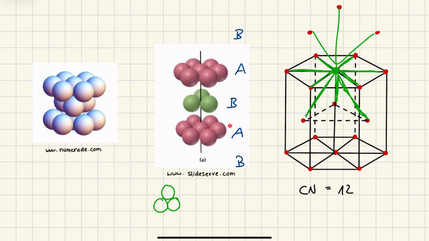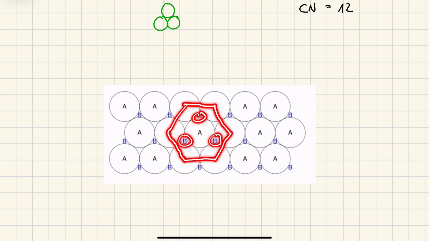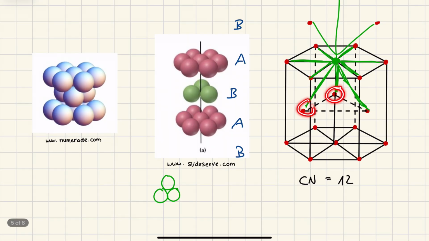Both the A layer and the B layer expand sideways too, but since we're focusing on the unit cell here, and the unit cell has a hexagonal shape and hexagonal faces, if this is the central atom of one of the faces, the unit cell would look like this, which means we have those 3 Bs, but the Bs around it are not part of the unit cell anymore. And that's why we only have 3 atoms from the B layer inside of the unit cell, even though both the A layer and the B layer expand sideways too.